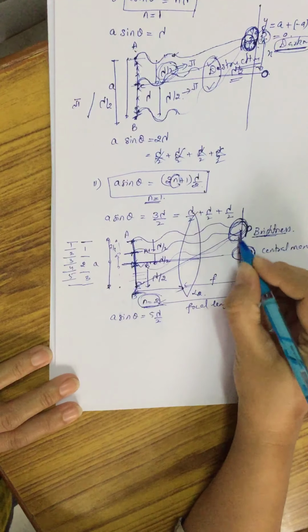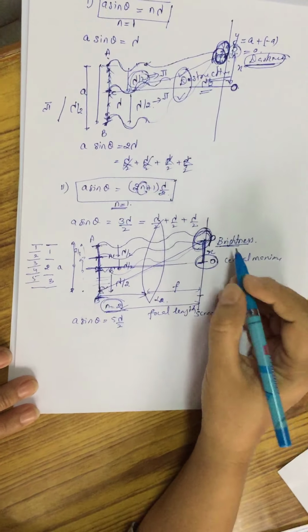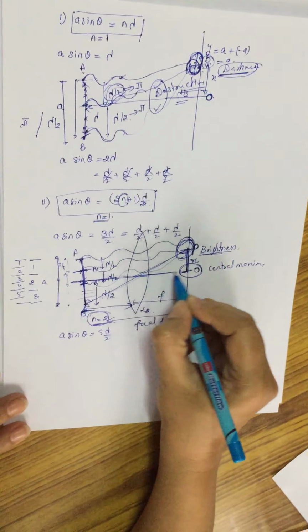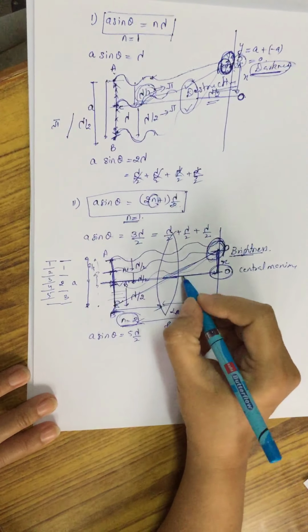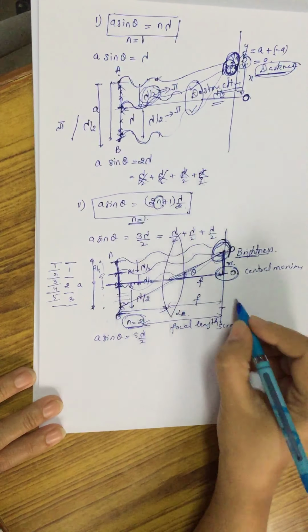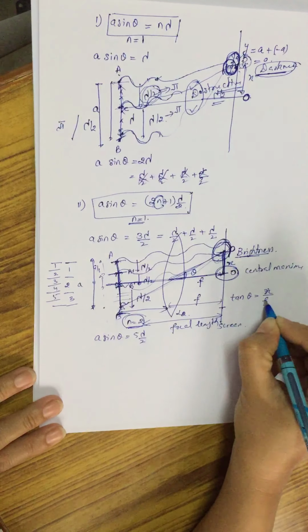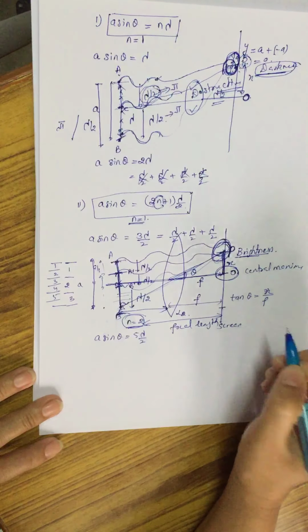If we take the distance between O and P as x, then from this triangle, if this is theta, this is f, this is x, then tangent theta is equal to x upon f, that is perpendicular upon base.